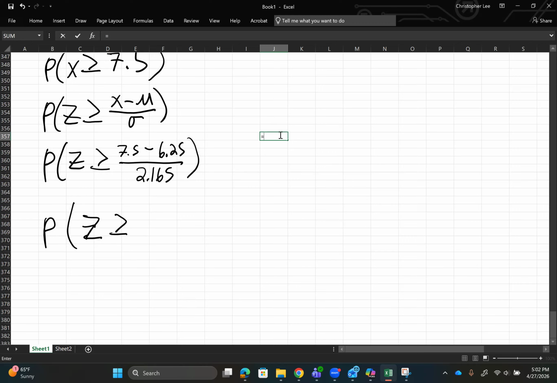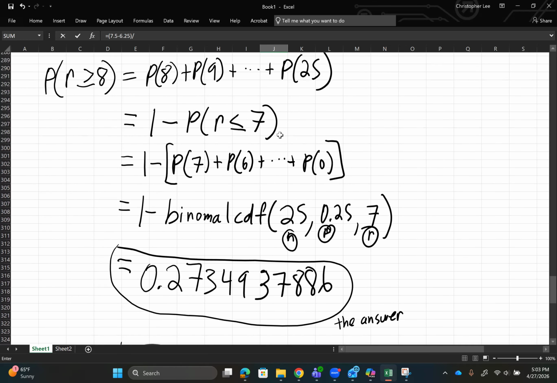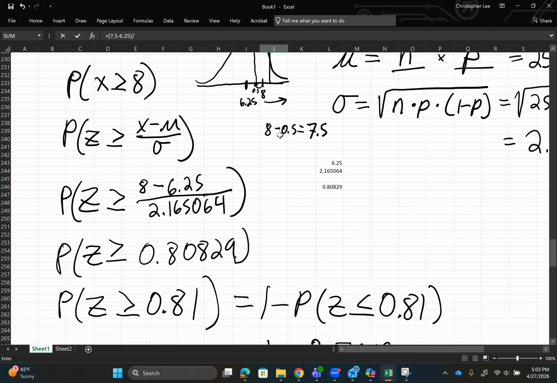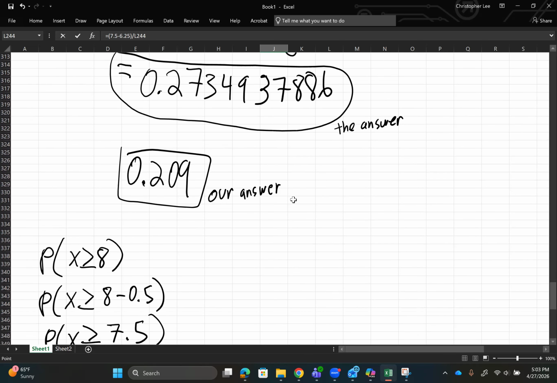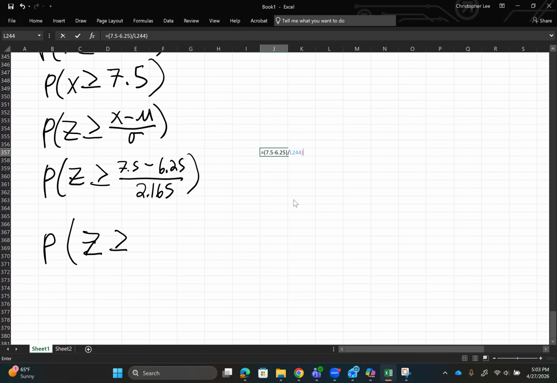This is going to be 7.5 minus the 6.25 divided by, where's that number? This number. Cool.